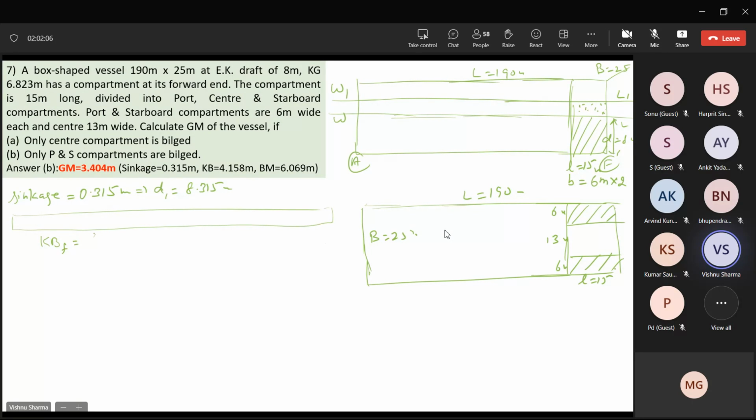KB final will be D1 by 2, 8.315 by 2 equal to 4.156 meters. Correct? Correct, guys? Okay.